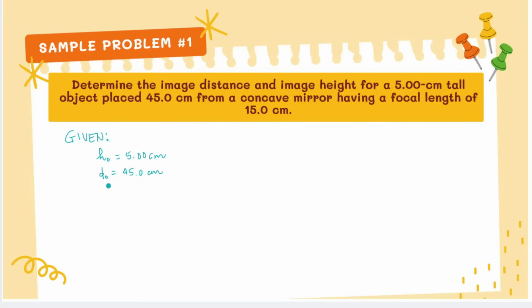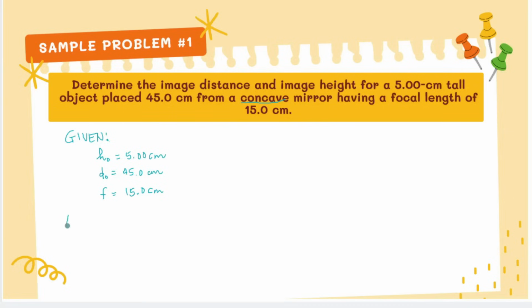Having a focal length of 15 centimeters. F is equal to positive 15.0 centimeters. So, bakit positive, ma'am? Kasi concave mirror po ang given. Sabi ko nga kanina, kapag concave, positive ang F. Kapag convex, negative ang ating F.